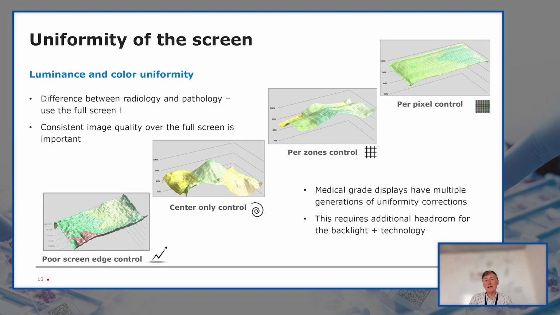There are even displays who can do that per pixel, and then it applies correction for getting the luminance stable and also getting the color stable over its lifetime, also towards uniformity. And again, in that case, you're going to need a special backlight to compensate for that, because as it ages, you will have to keep on performing that correction.